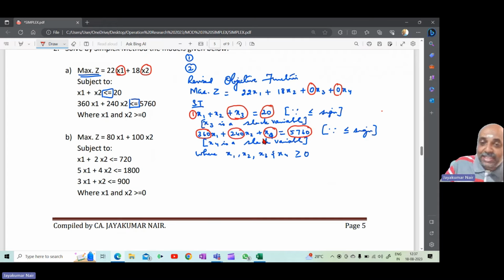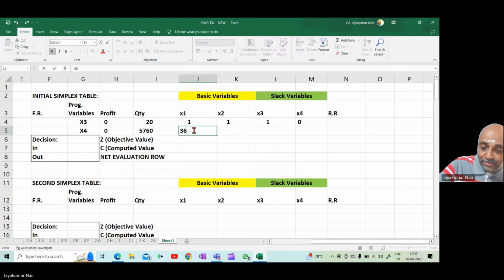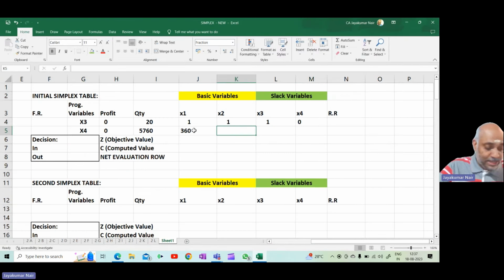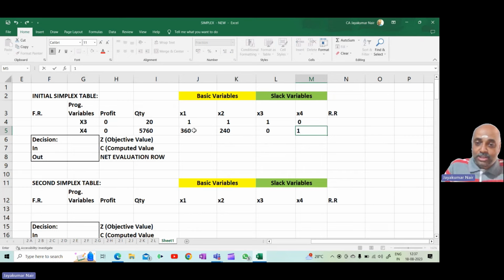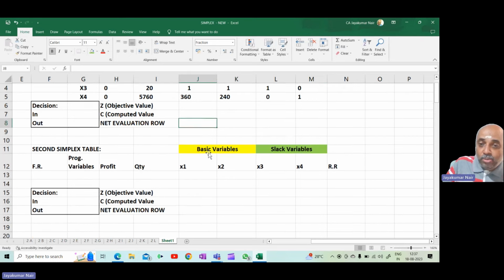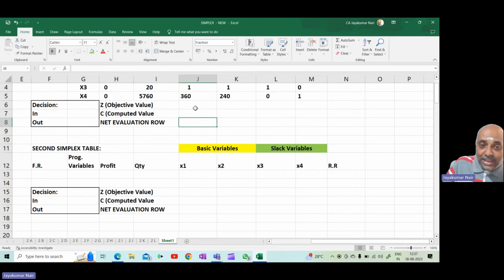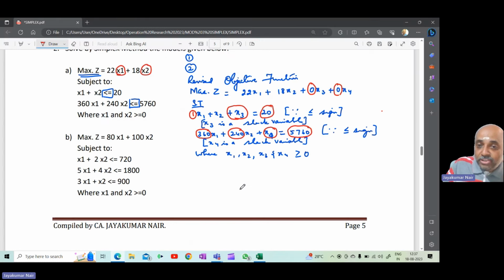no x3, and then x4. So it is 360, and the second coefficient is 240. There is no x3, but you have x4, that is 1. Now, what is the z value? They are the coefficients from the objective function, max z.